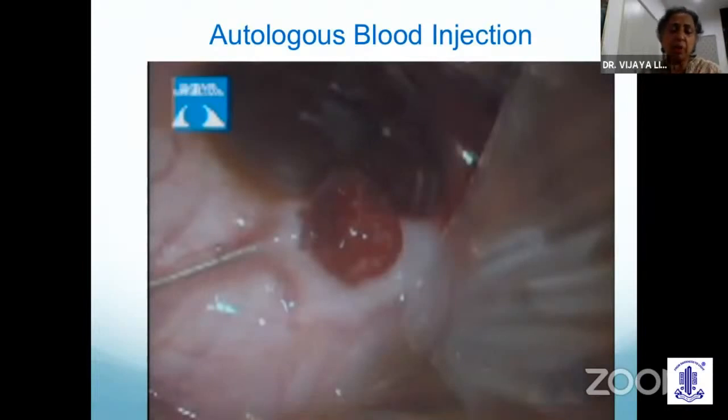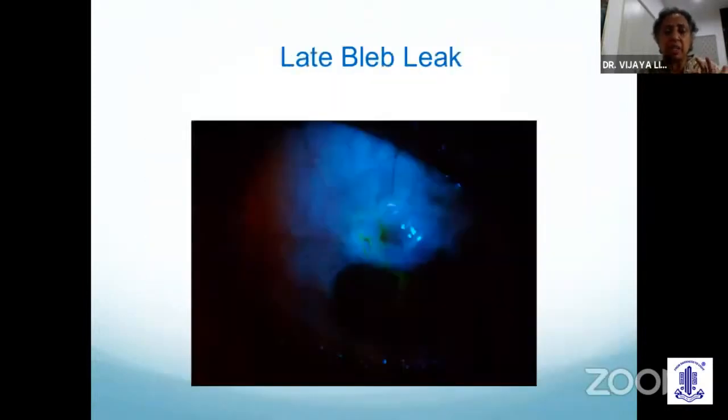It works well only when there is a localized leak. When you have a late leak with a diffuse leak like here, this may not work.